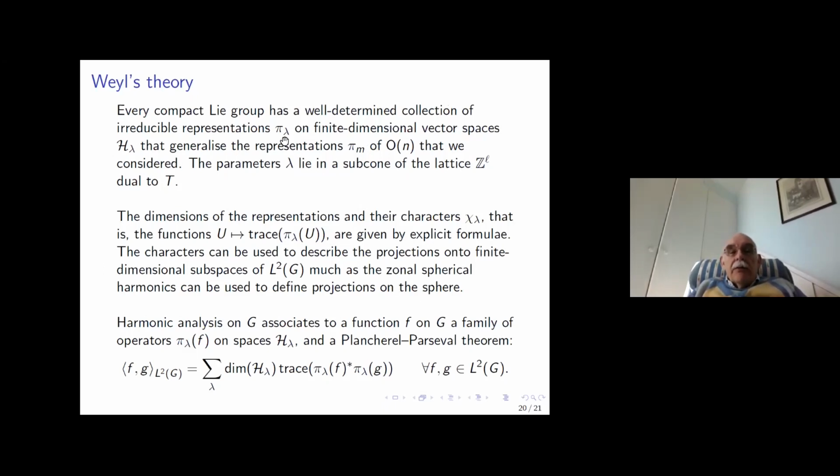I call the irreducible representation pi lambda. This is on a finite dimensional vector space H lambda. These generalize the representations that we considered. The parameters lambda are in a certain cone in a lattice. They're discrete parameters and they lie in a nicely described set.